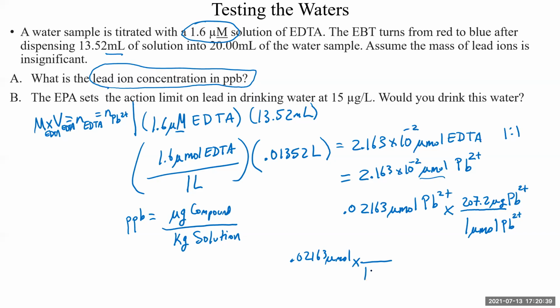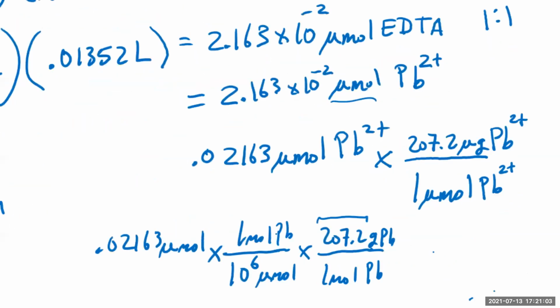We know that every 10 to the 6th micromoles equals 1 mole. And then we know that every 1 mole of lead gives us 207.2 grams of lead. This is from the periodic table, right? Look on the periodic table, you'll see the atomic mass of lead is 207.2.